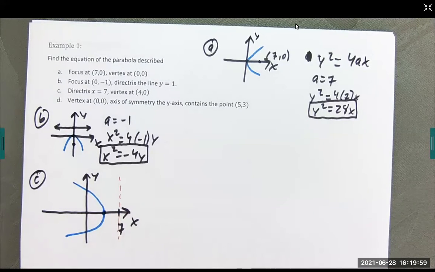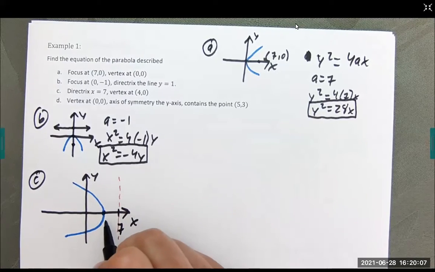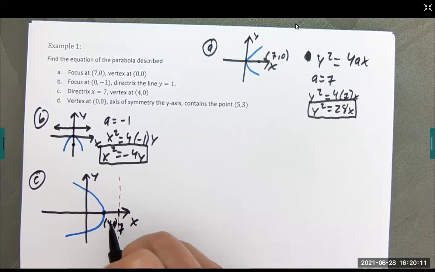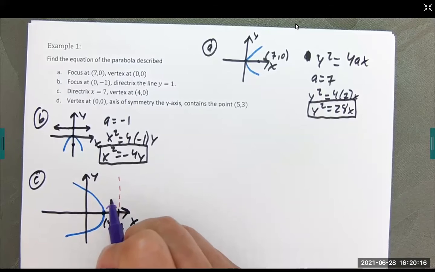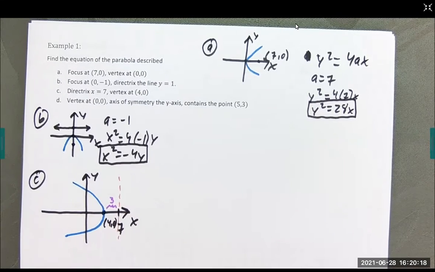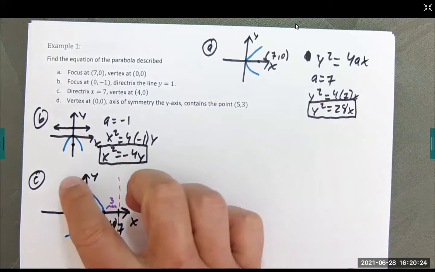So we know that the distance from here to here, so again, the vertex is at 4, 0. And so the distance from 4 to 7 is 3. So A is going to be 3. -3, pardon me, because we're going backwards here.